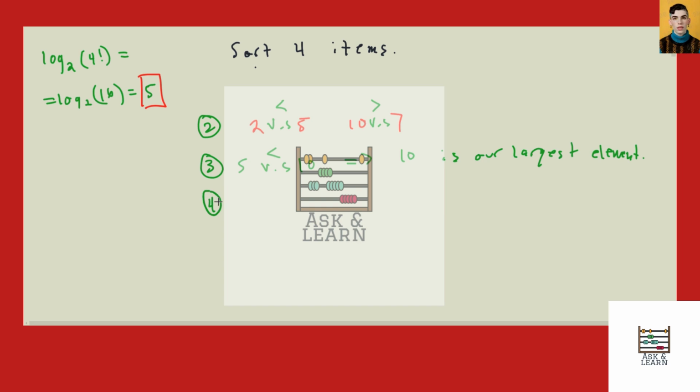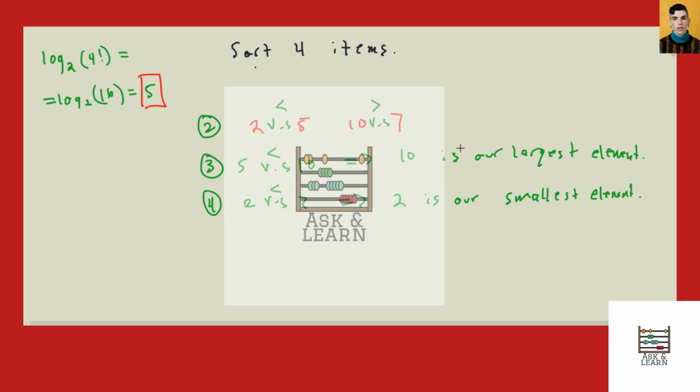All right, now for our fourth one, let's figure out what our smallest element is. So we can do 2 versus 7, which then implies that 2 is our smallest element.